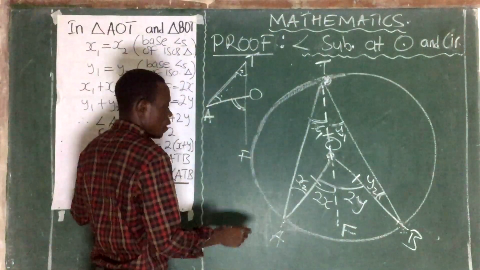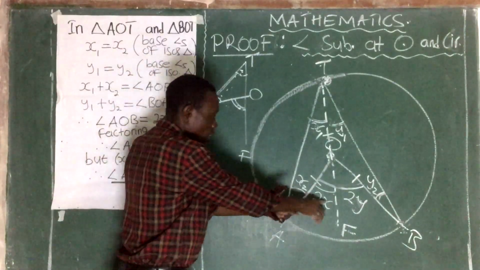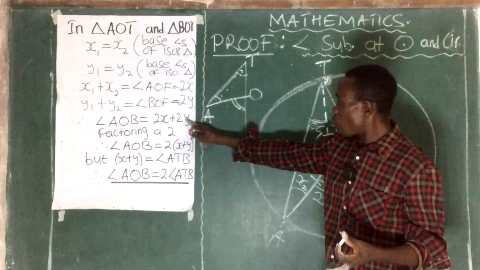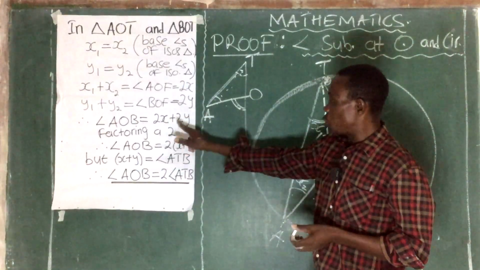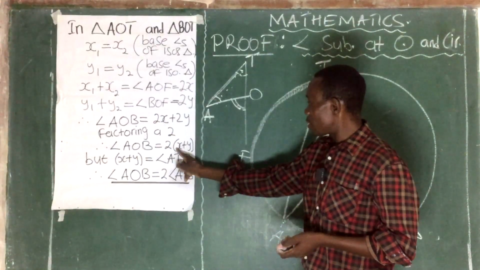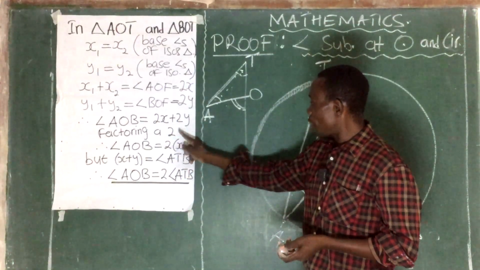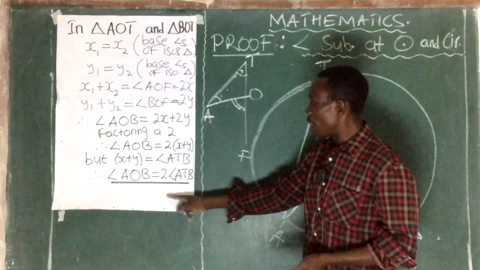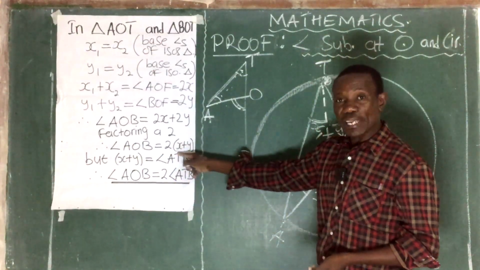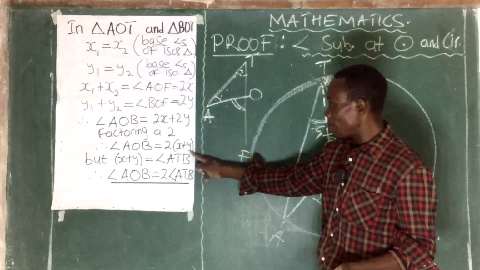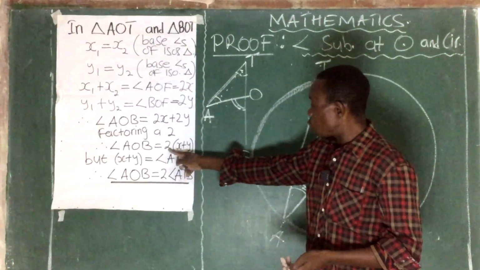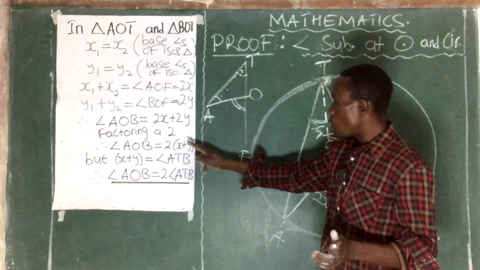But now, if we have that summation of 2x plus 2y, think of factoring out a 2. You'd be able to see that you're just going to divide the 2 here. You get what? That is x. 2 there, you get what? y. So what we have here is AOB giving us 2, open bracket, x plus y. AOB is equal to, I repeat, 2, open brackets, x plus y.